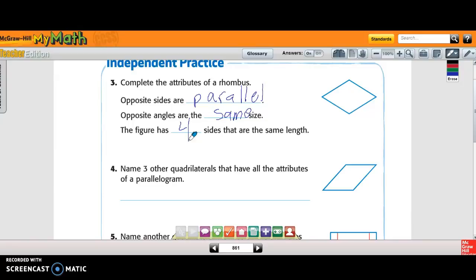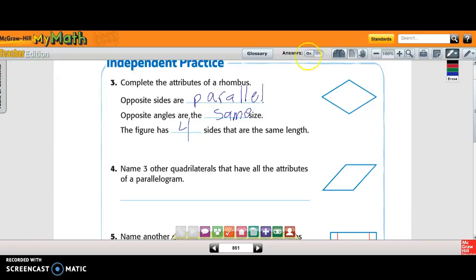Name three other quadrilaterals that have all the attributes of a parallelogram. Well, what's another shape that has four sides, opposite sides are the same length, and it has two pairs of parallel lines? A rectangle?